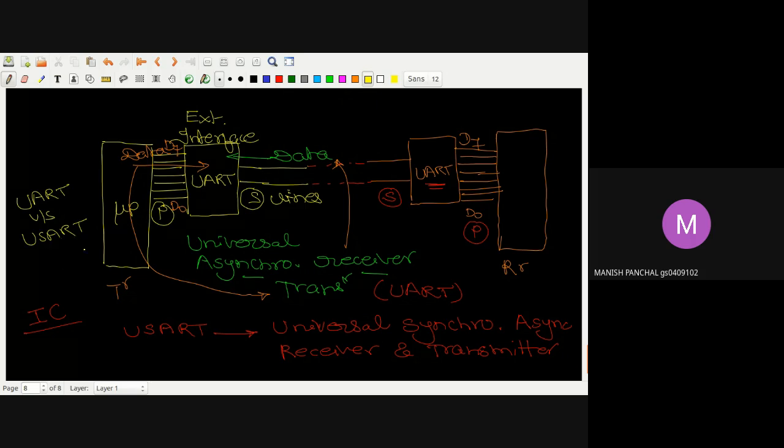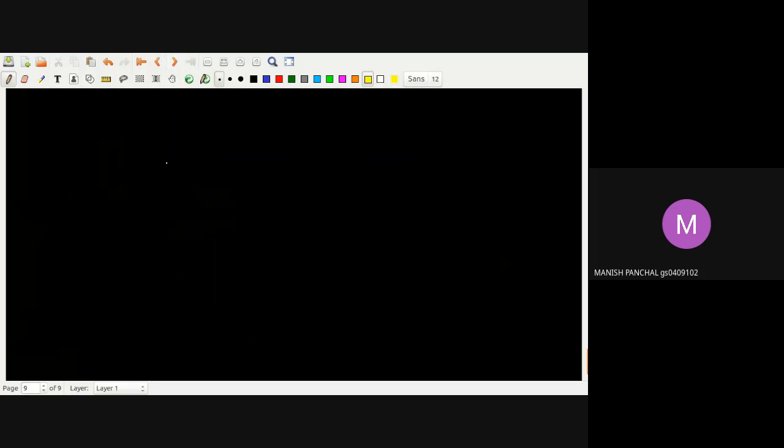Okay, so my point was that this was the case of the microprocessor, but when we talk about the microcontroller, what will happen? In the 8051 microcontroller, there is an inbuilt UART available.